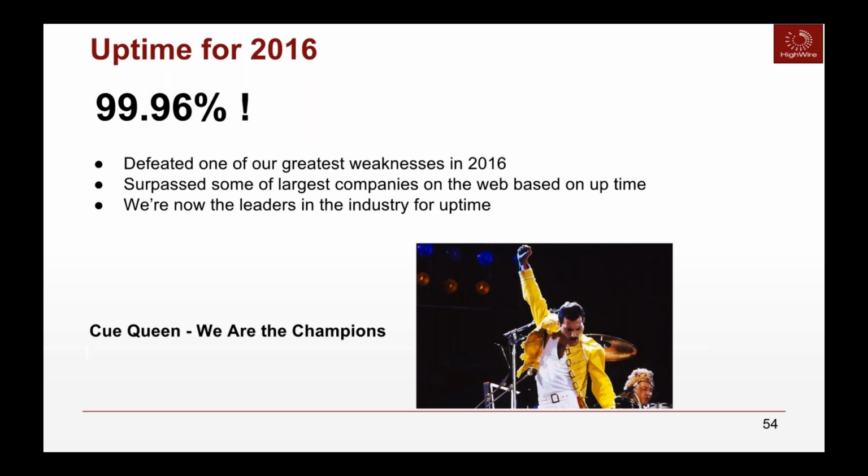So we wanted to make sure that we were reliable and had an amazing uptime, so that we can provide readers and researchers as well as publishers with the absolute best tools at all times. So now we're really the leaders in this world of uptime. And so, Freddie Mercury here is really celebrating.